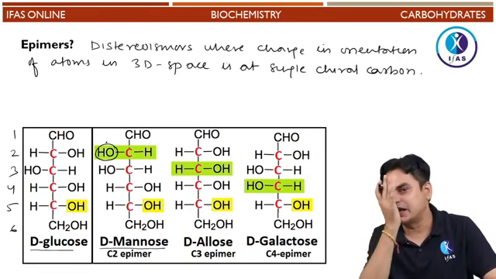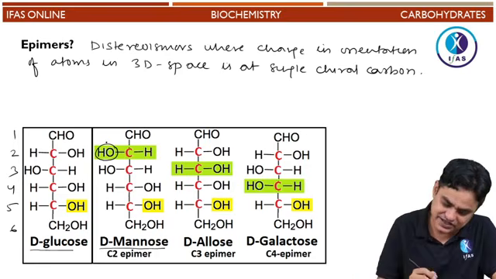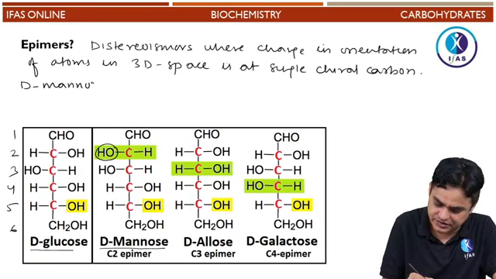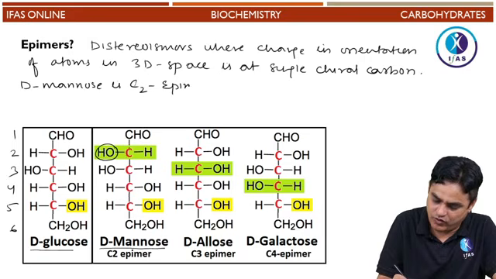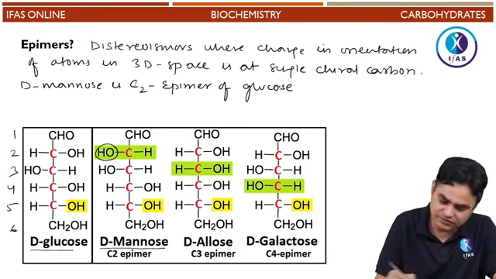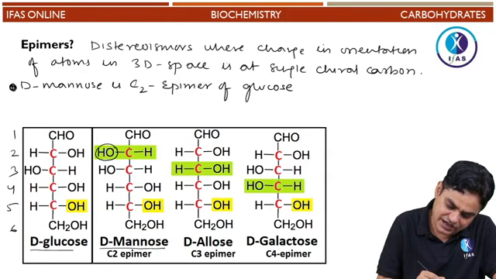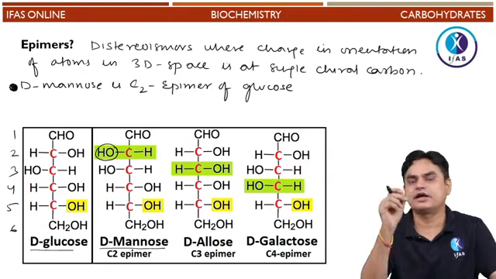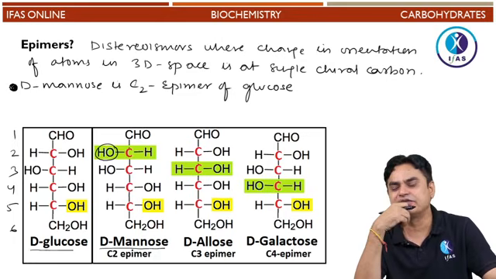Rest of all the carbons are like glucose. So that's why we say that D-mannose is the C2 epimer of glucose. What this means to us? That mannose is like glucose except at carbon second, where there is a change in position.